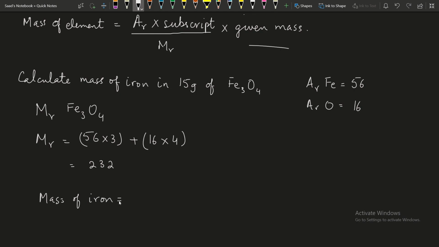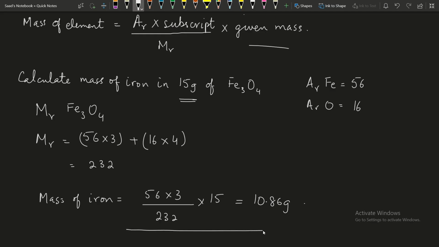Its atomic mass is 56. Its subscript is 3, divided by MR, which we have just calculated, multiplied by the mass given. It's given 15 gram in the question, so it's multiplied by 15. Just do your calculations, and I think your answer would be 10.86 gram. So this is how you'll do the calculations.